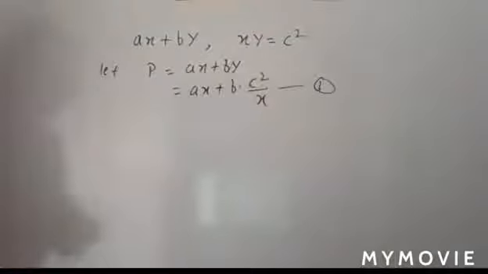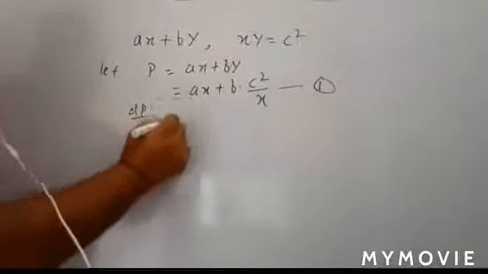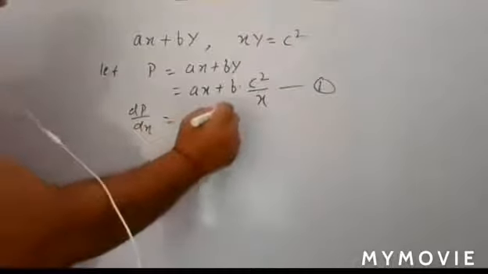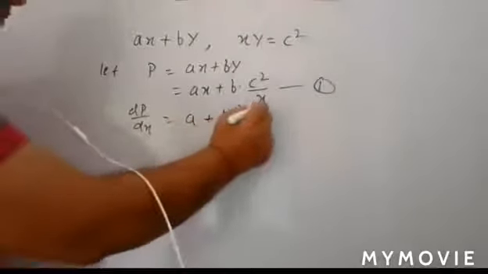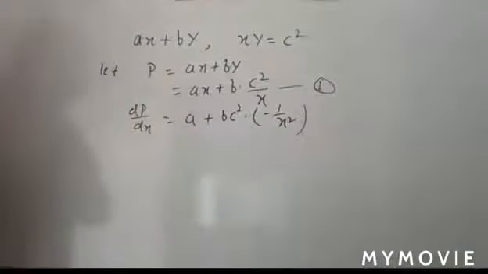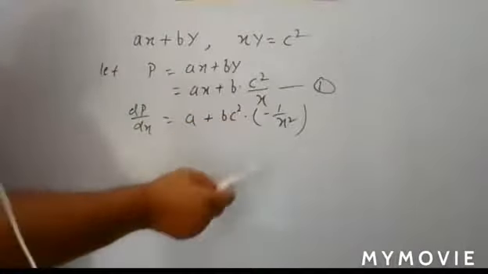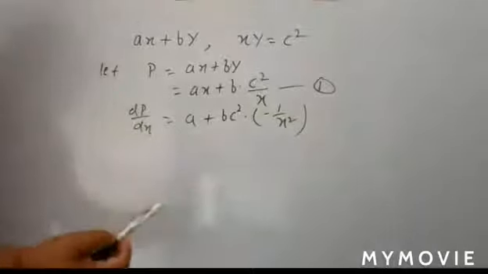Means yes, you can take it as the first equation. Now differentiate it. So dp by dx is equal to a plus bc square into minus 1 by x square. Okay, so here b and c are taken as constant, so you have to write as it is, and the differentiation of 1 upon x is minus 1 by x square.